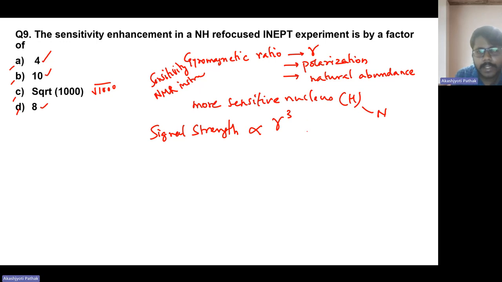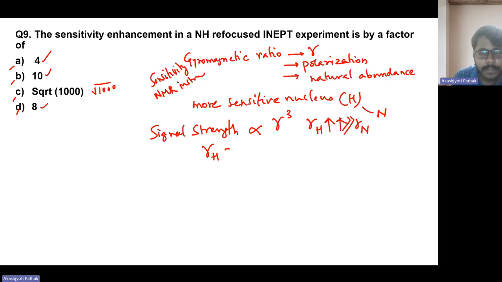And obviously, the proton gyromagnetic ratio is much higher than that of nitrogen. It's better that you remember the values of the gyromagnetic ratio of at least proton, carbon, and nitrogen.